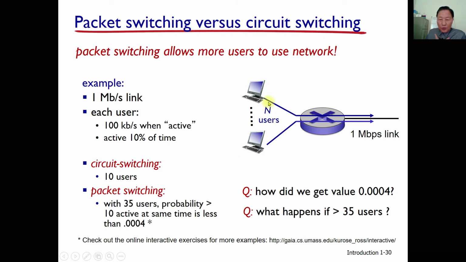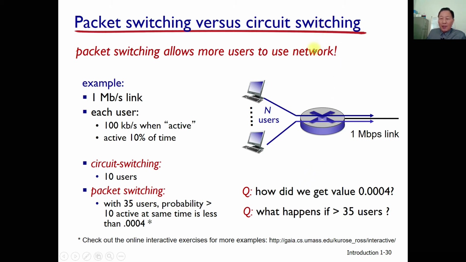If each user is occupying the resource, that is the circuit switching concept, as we learned in the previous slide. But packet switching is shared with other users, like the highway shared with other cars. Then more cars can utilize that highway. Even though it is not exactly the same, you can think about the analogous example.